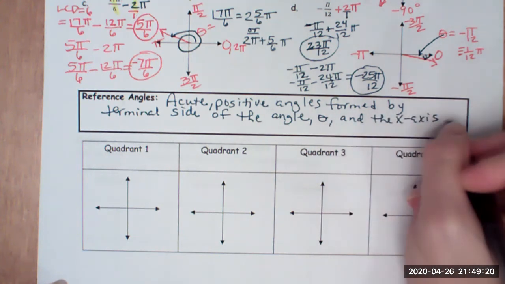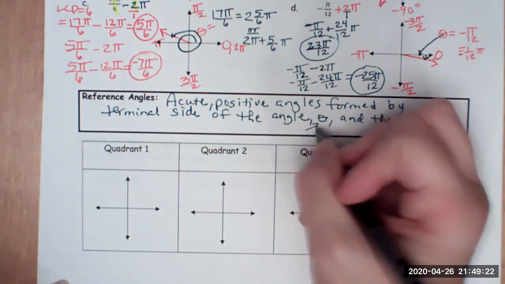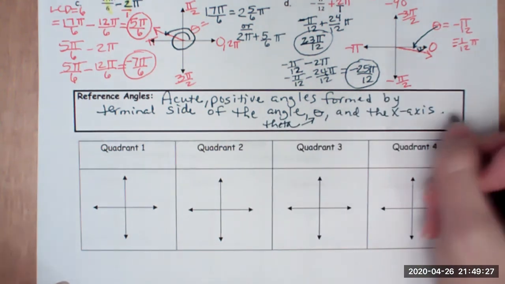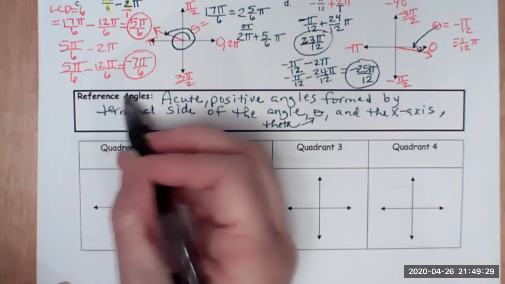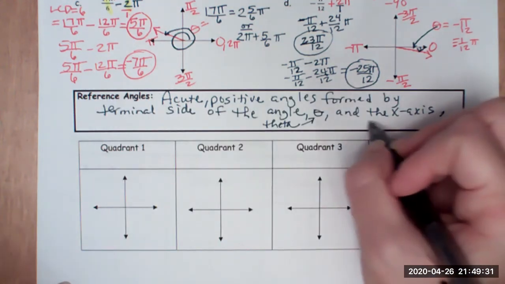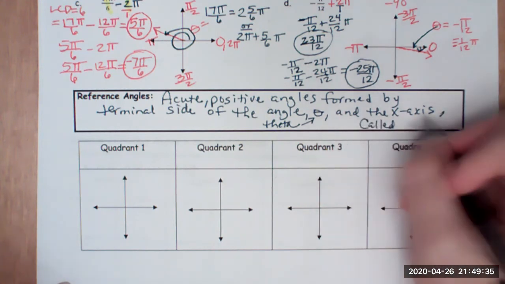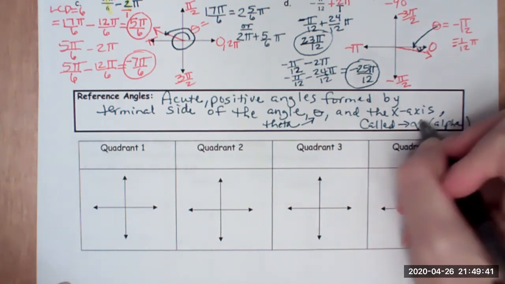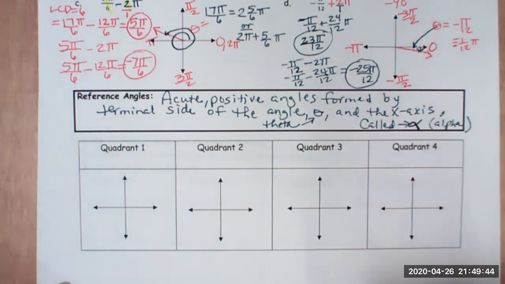Okay, now generally, remember this is called theta. This is a Greek letter, theta. This reference angle we generally call alpha. So we'll use alpha for the reference angles.